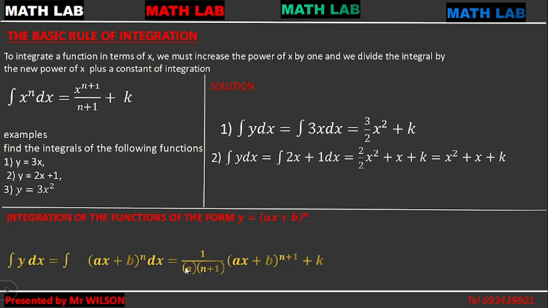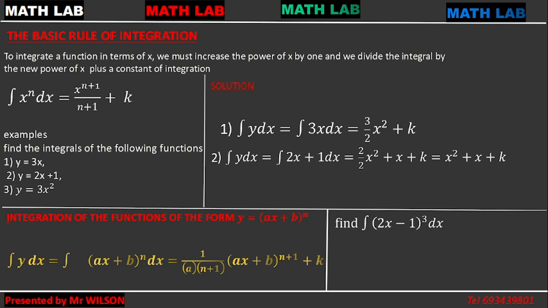So you multiply the denominator by a, so in the denominator you get a times the new power, n plus 1. You copy back your function raised to the new power, and you add a constant of integration. So that is all for these particular forms. Okay, it's very easy. So let us have some examples.